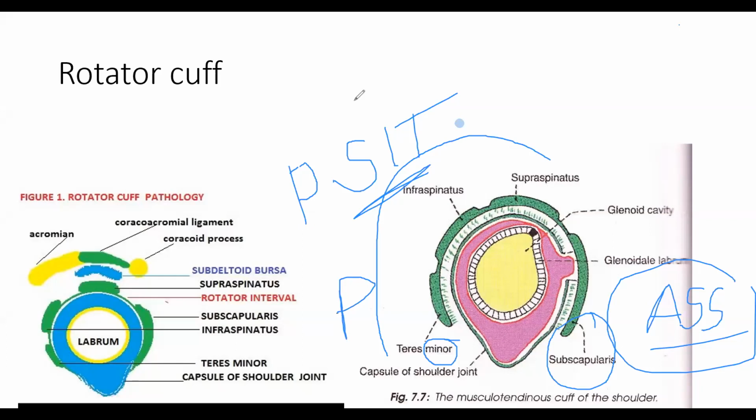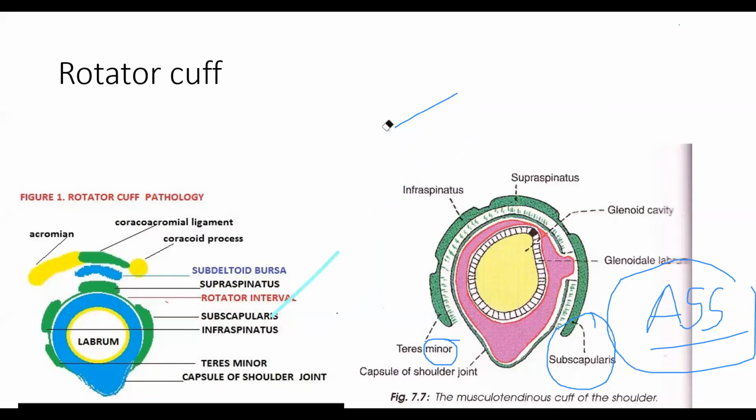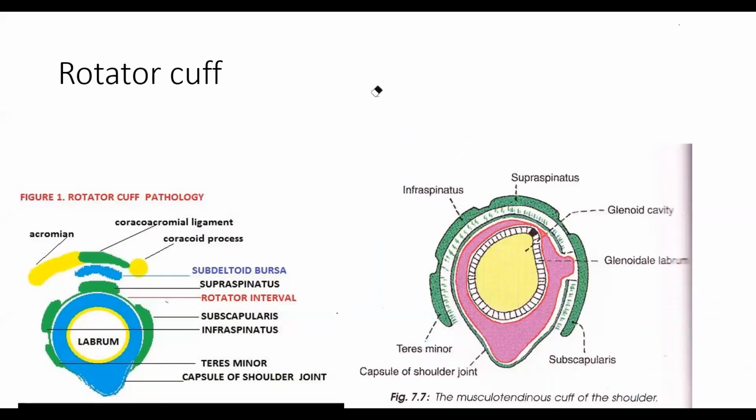Now the other thing to remember: you see this labrum. The joint is normally surrounded overall.